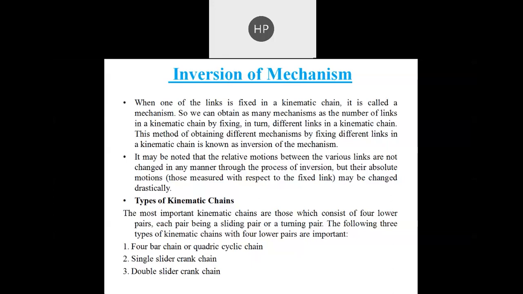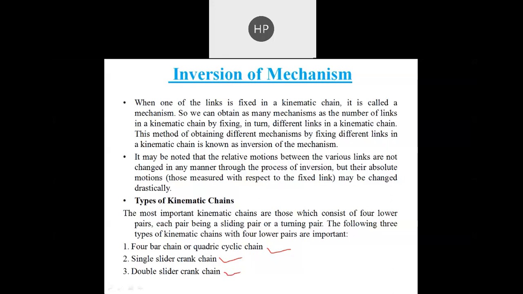In that we are talking about the various types of pair and their inversion. There are the 4-bar chain or quadric chain, the single slider crank chain, and the double slider crank chain.